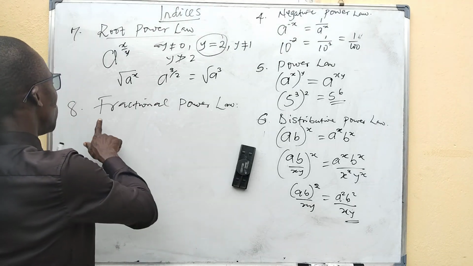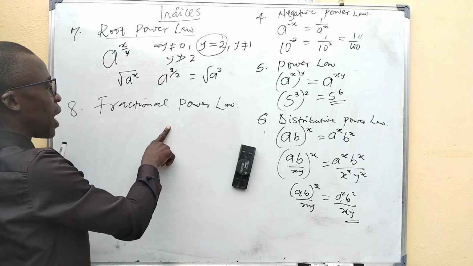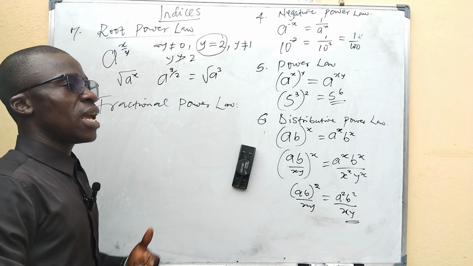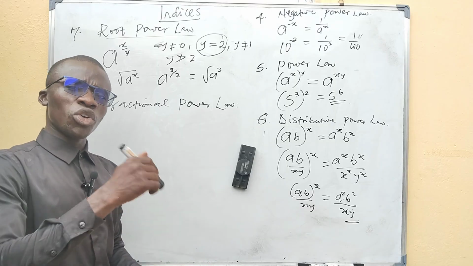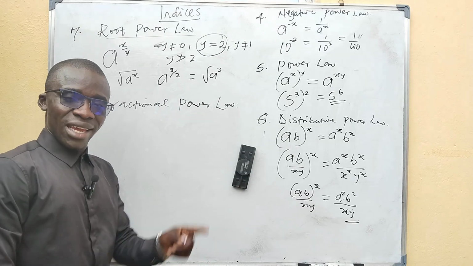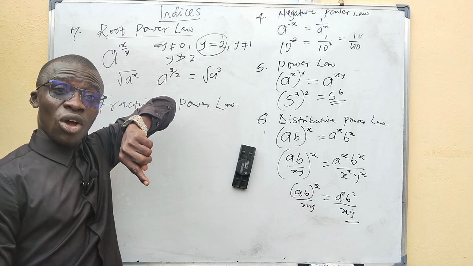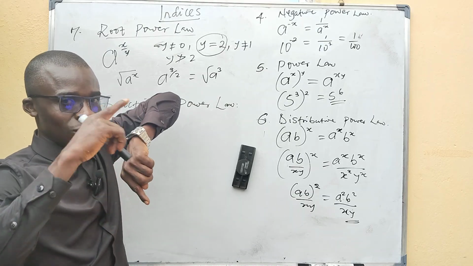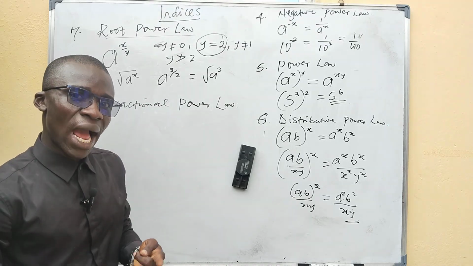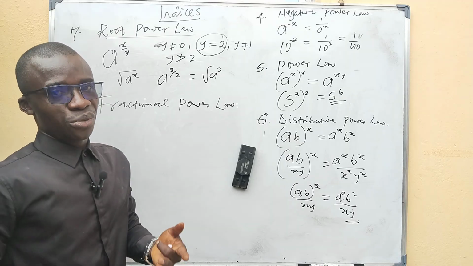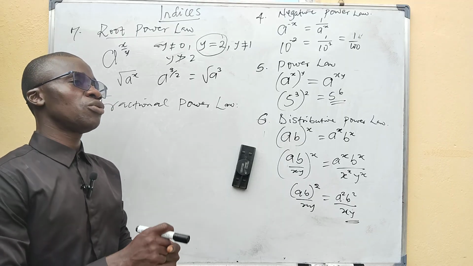Now in fractional power law, if any real number is raised to the power of a fraction, the denominator of that fraction must be greater than 2. It must not be 0, it must not be 1, it must not be 2. If it is 2, you are wrong.